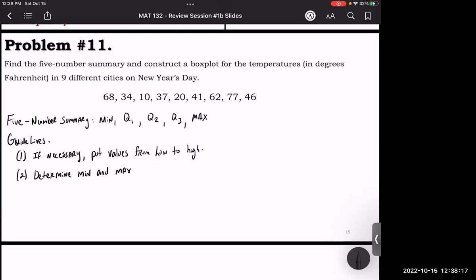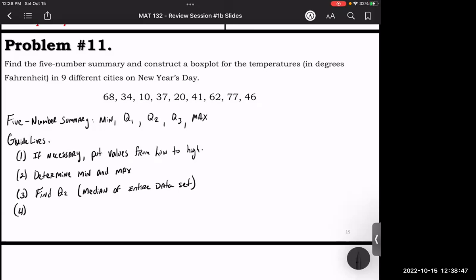Then, after you determine the min and max, you determine your quartile 2. You figure out what's the value for quartile 2. The way that we do this, when you want to find Q2, is the median of the entire data set. It's the halfway point of the entire data set.